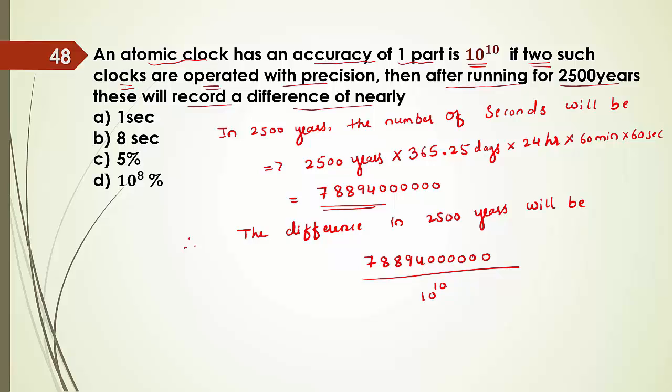It is given 1 part in 10 raised to 10. So we will get the answer 7.8894. Rounding off the number, we get 8 seconds. So option B is correct.